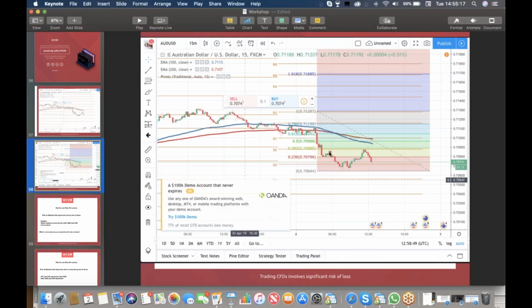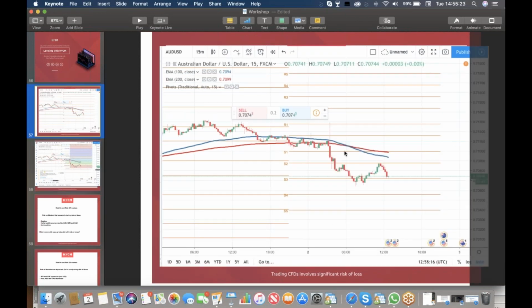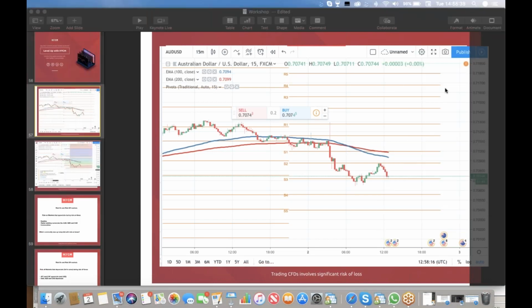You can also see that that is the 38.2 Fibonacci retracement level, and it's a good place to have entered. You could have entered at the support level, with a stop above the 200 exponential moving average, maybe even above this other pivot point, and you could see that this would be a sensible place to have joined the Australian dollar US dollar sell.